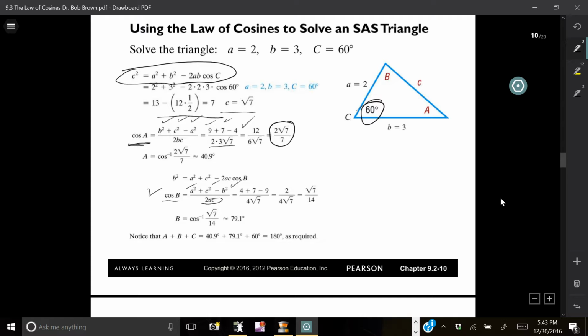Plug in, and you get that cosine of B is the square root of 7 over 14, and that B is equal to inverse cosine of the square root of 7 over 14, which is 79.1 degrees. Notice that if we add up all the angles, 79.1 plus 60, which we knew, plus 40.9, we get 180 degrees, which we would expect.